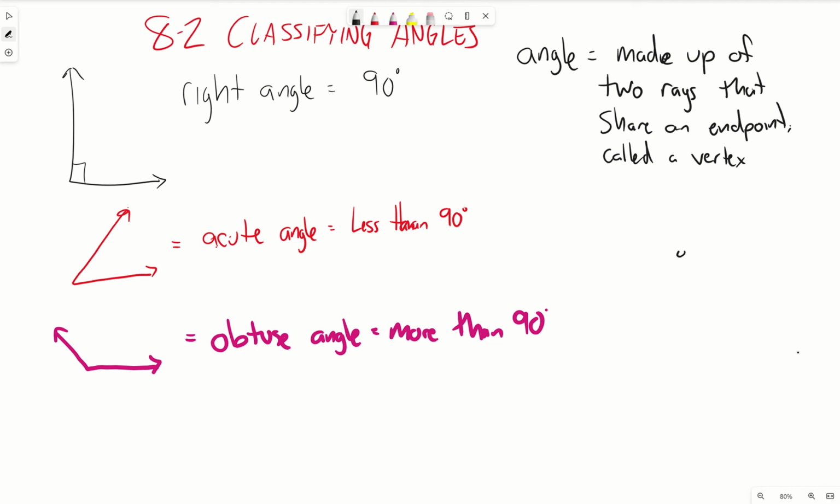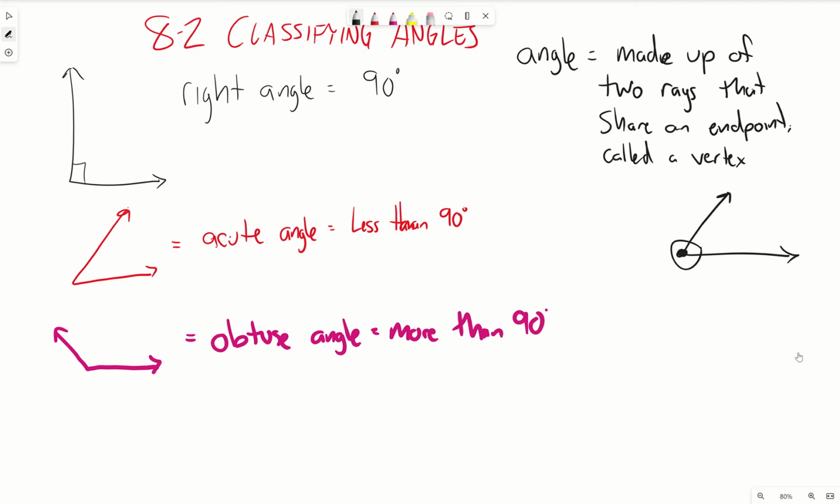Okay, so a ray, remember, has an endpoint and then extends out. And then using the same endpoint, I can extend out in a different direction, and have two rays that share the same endpoint. That is what an angle is.